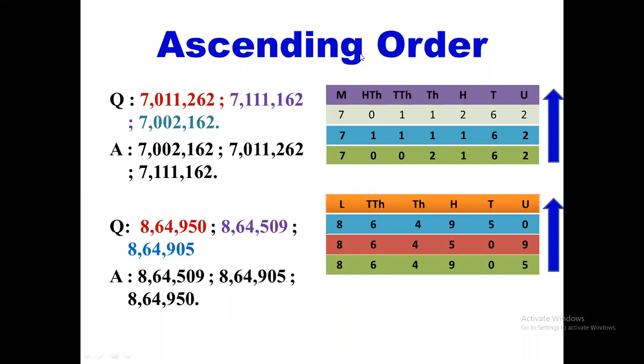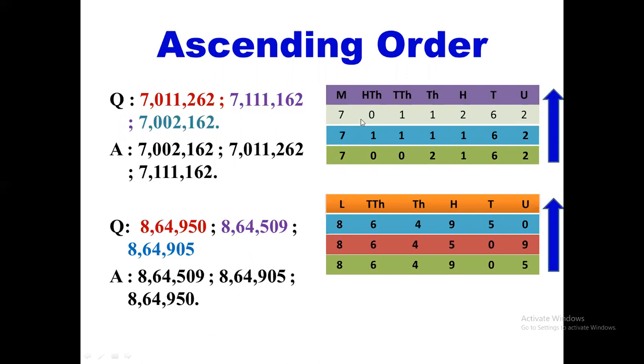Children, it's very simple. If you are dealing with bigger numbers, you can simply put them into their place value chart, which I have done over here. One by one, I start putting these numbers into the place value chart like this, and this arrow always indicates that you have to go from smallest to the largest number because it's your ascending order.